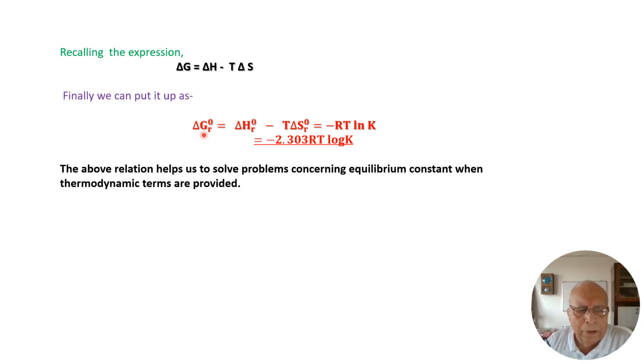So whether it is G, H, or S, free energy, enthalpy, and entropy, all are to be considered under standard conditions. Then it becomes minus RT ln K. And K may be either Kc or Kp depending upon the medium of reaction.